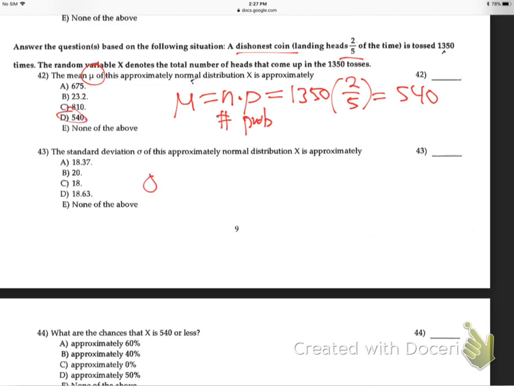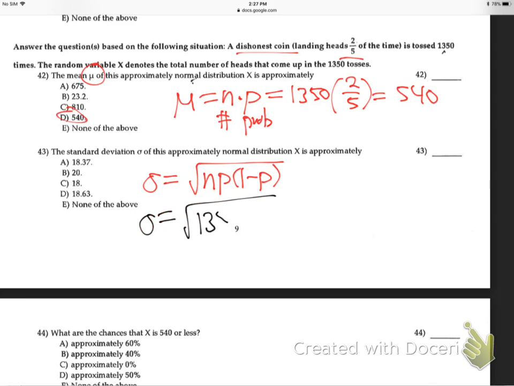Next one asks standard deviation, sigma. That's the square root of n times p times 1 minus p. You want to definitely have those two formulas on your 3x5 card. So that is n, which is 1350, times p, which is 2 fifths, times 1 minus 2 fifths. Hit the buttons on your calculator.